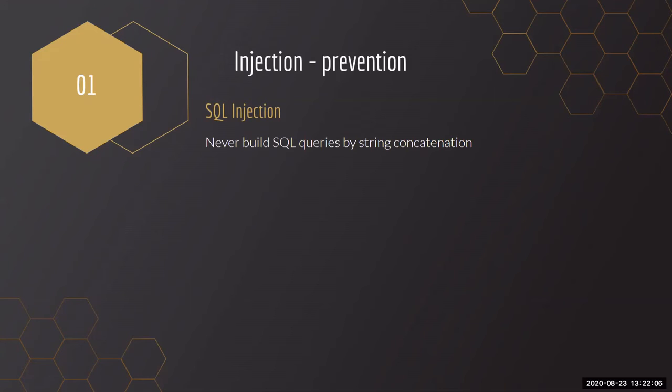So the first golden rule is never build SQL queries by string concatenation. As we saw earlier, that's a really bad idea. You want to use parameterized SQL queries. What parameterized SQL queries are, are queries where the escaping and untrusted user input is basically validated and escaped for you.